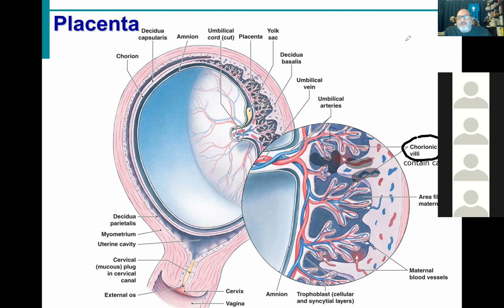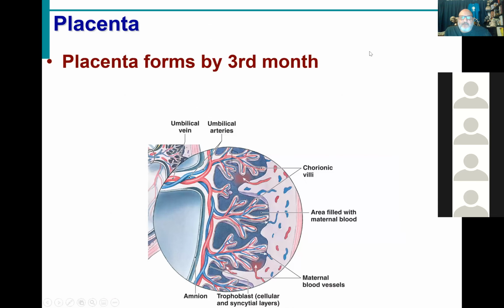And again, the blood cells don't meet. They have epithelial tissue in between them, but the blood supplies do not meet.